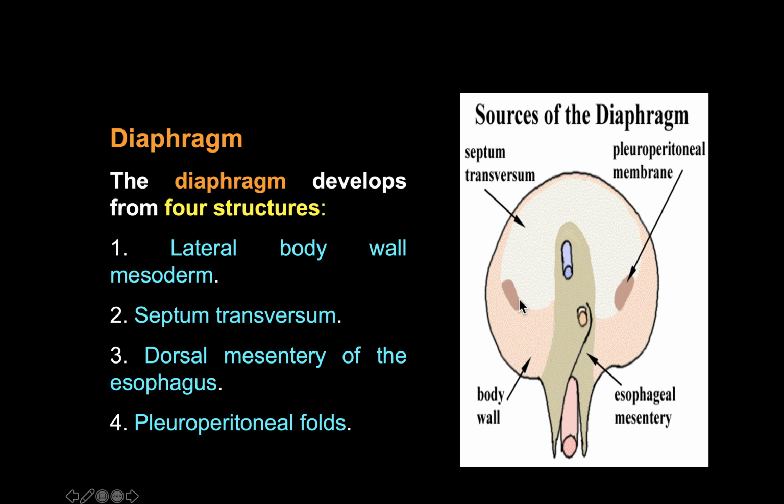This structure here is the septum transversum, we have the pleuroperitoneal membrane, we have the body wall mesoderm, and finally we have the esophageal mesentery. All of these 4 structures will help in the formation of the diaphragm.